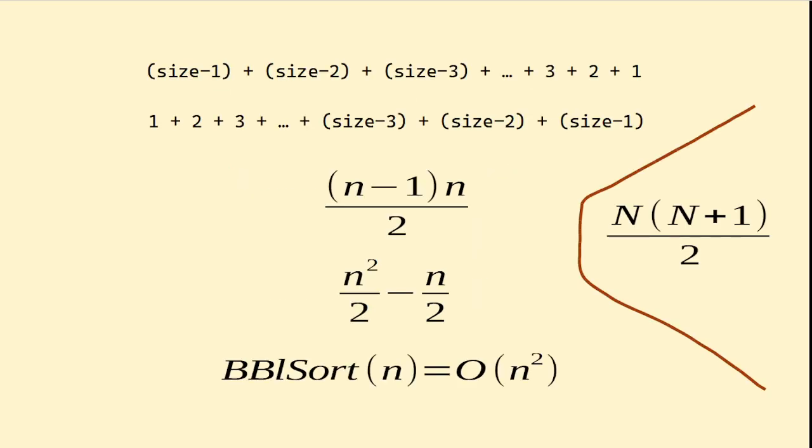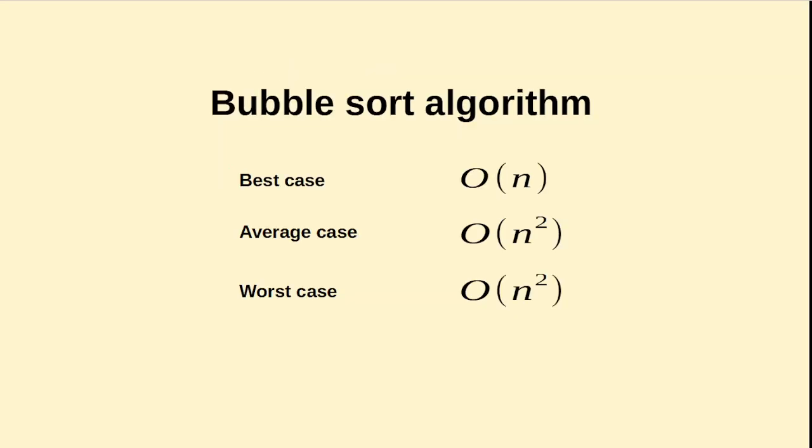And as we showed in the previous computation, it is big O n square. So we can also say that the worst case complexity is upper bounded by big O n square, the average case complexity is upper bounded by big O n square, and the best case complexity is upper bounded by big O n.